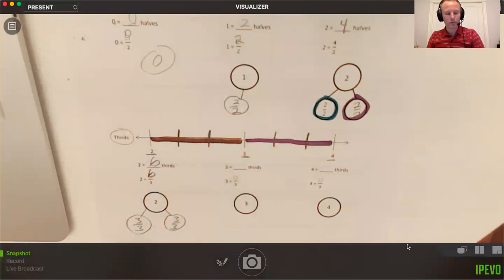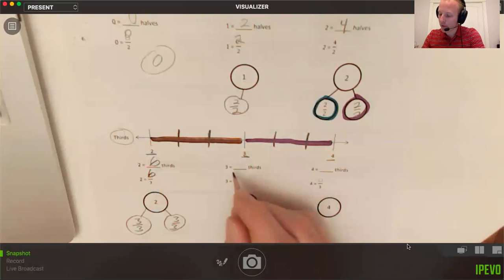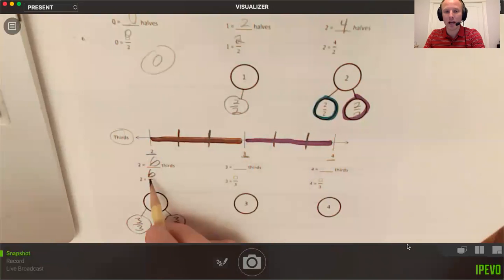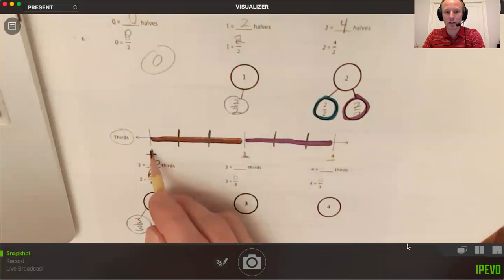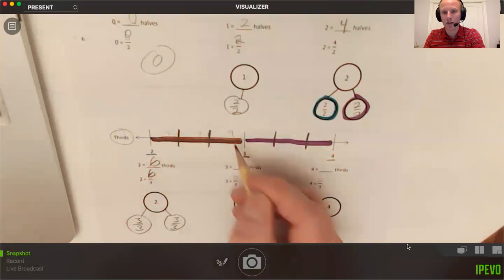Okay. Now when I go up to three wholes, I have already had 6/3, and I'm adding 7, 8, 9. I'm adding 3 more. So I'm taking what I had here, 6, because I was at 6 wholes or 6/3 there. Then this is the 7th third, the 8th third, and the 9th third.